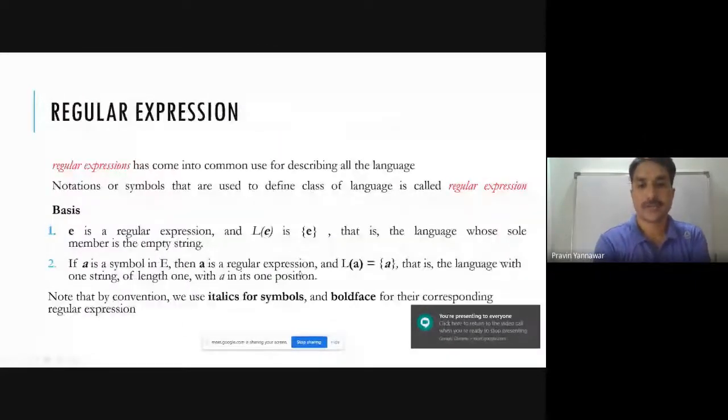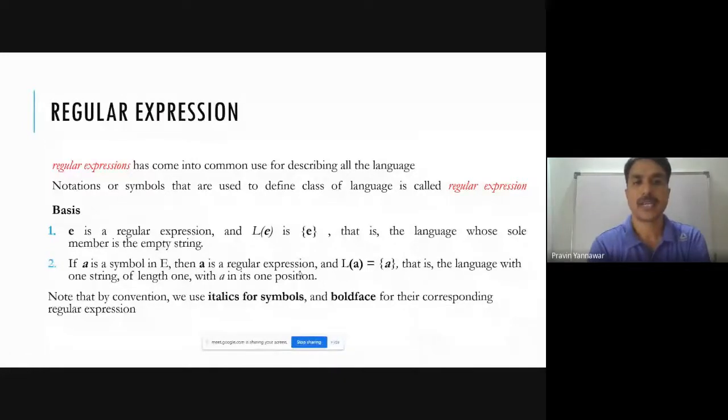Okay, so what is regular expression here? The regular expression has come into common use for describing all languages. Whenever you take any language, you need to understand the objective. What is the basic objective of a language? The basic objective of a language is to communicate.